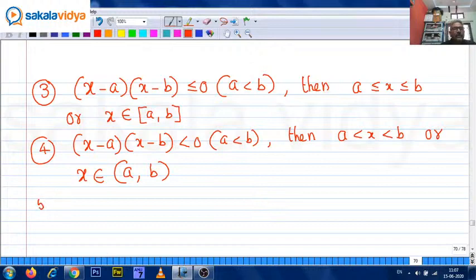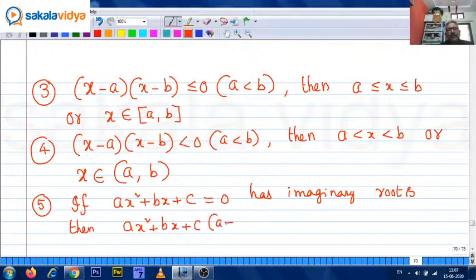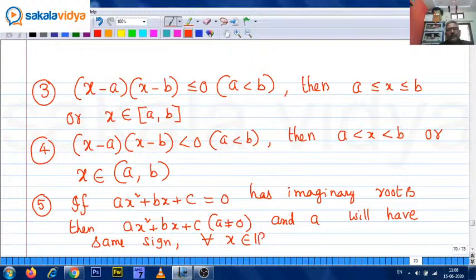And one more. For example, if ax square plus bx plus c is equal to 0 has imaginary roots, then ax square plus bx plus c, with a not equal to 0, and a will have the same sign for every x belongs to the set of real numbers.